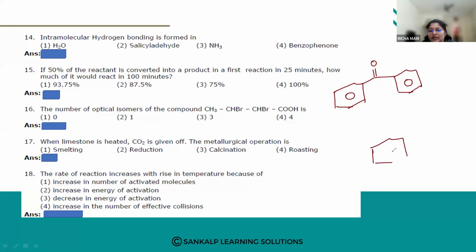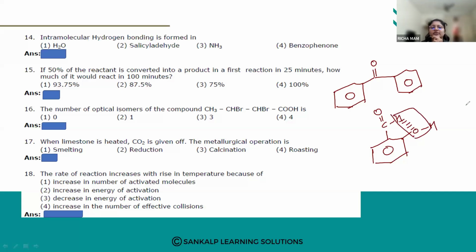Then salicylaldehyde. Rest all we have seen. So C double bond O H and OH. When we see salicylaldehyde, here you can see the hydrogen bonding is present between the same molecule.